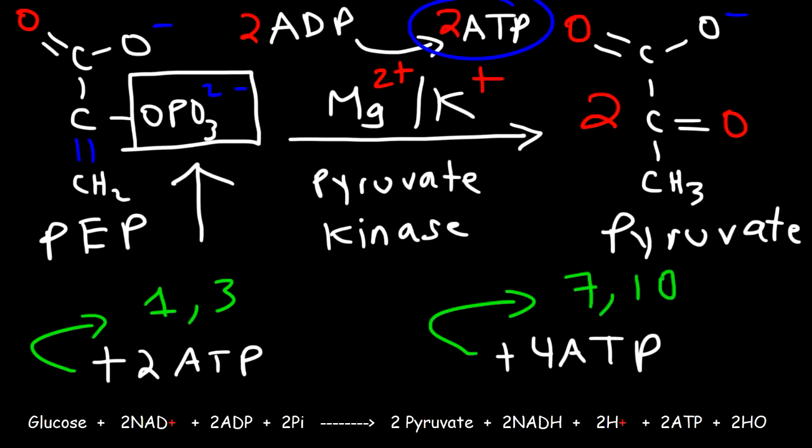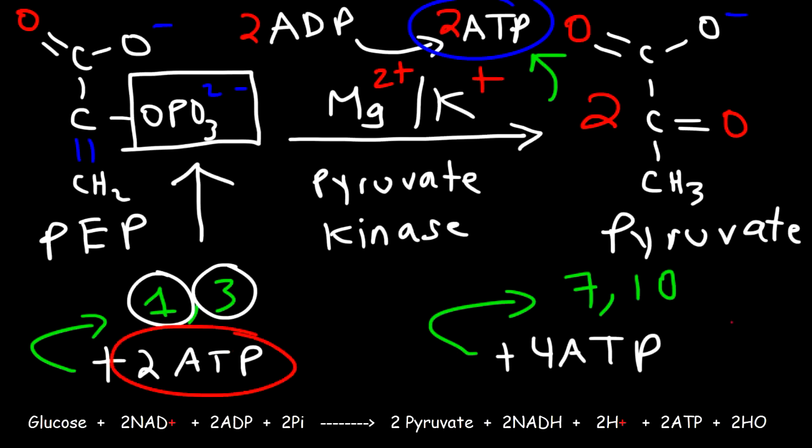So remember, you need to double it. So in step 7, we generated 2 ATP molecules, and in step 10, we generated another 2 ATP molecules. In step 1, we used up an ATP molecule, and in step 3, we used up another one. And so we had a loss of 2 ATP molecules, a gain of 4, so we have a net gain of 2 ATP molecules in glycolysis.